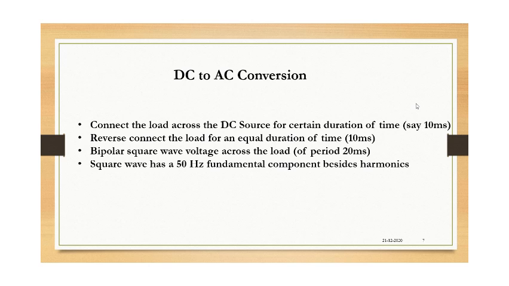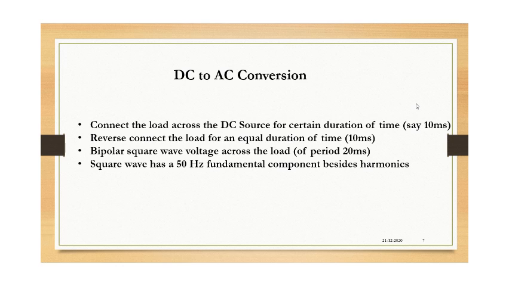So what can you expect at the output? You will expect a square wave with a period of 20 milliseconds, right? If you are repeating this connection continuously, then you can expect a square wave of 50 hertz. Okay, a 50 hertz square wave can be generated at the load.